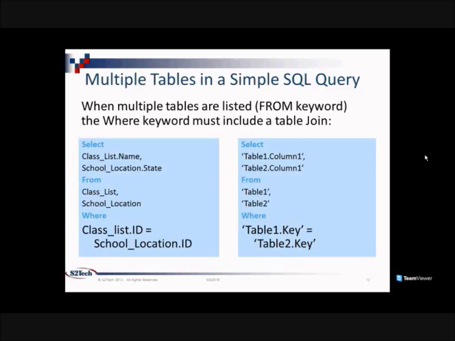In the example in the box on the left, I have two data tables in my from statement. I have the class list table, and I have the school location table. In order for the data in those two tables to have a meaningful relationship, there must be one column in both tables that represents the same information. There must be one key column that will define a record in both tables.